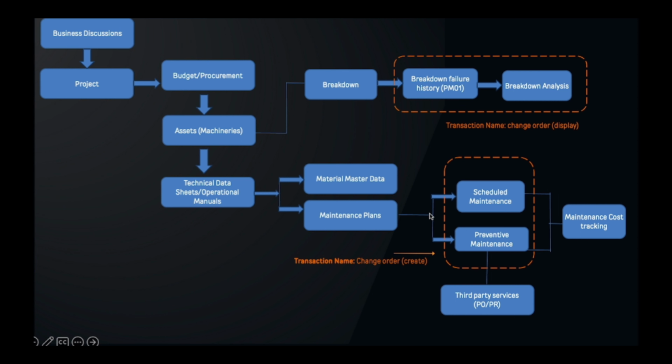With SAP PM, we have opportunities of creating preventive maintenance orders like our PM02 and also our PM03, which are our scheduled maintenance. The reason why we need these maintenances is very simple. We are trying as much as possible to make sure that the possibility of having a forced deterioration is eliminated.